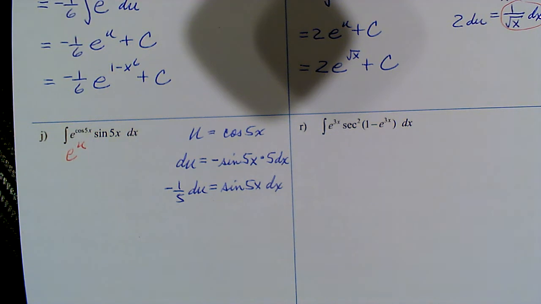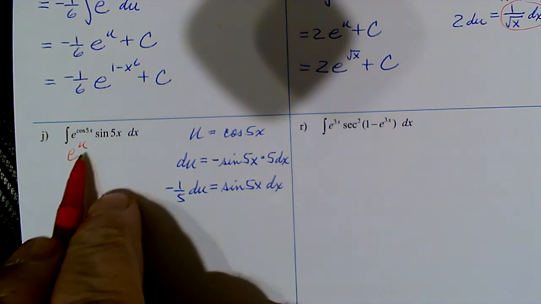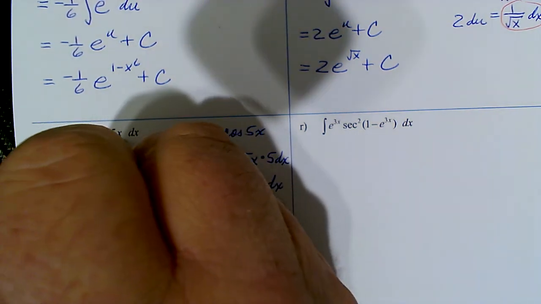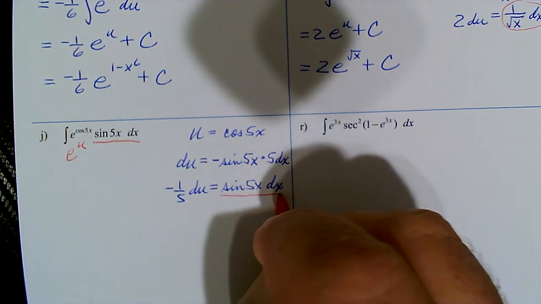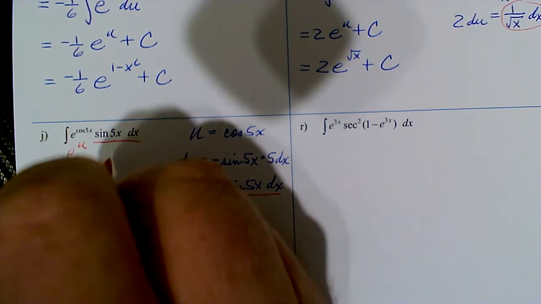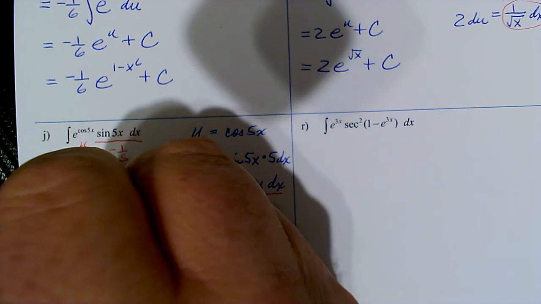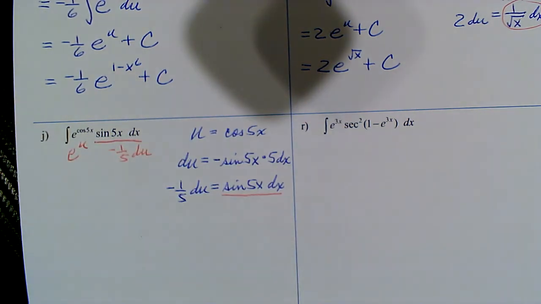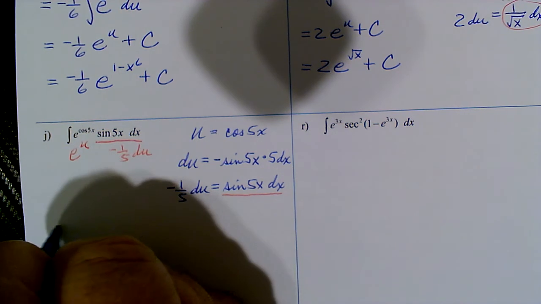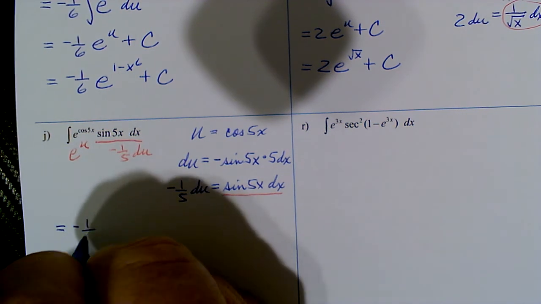Now, when we look back at the integral, we know we've already established e to the u. The leftover factors are sine of 5x dx, and we compare them to our du, and we see that they match, just modified by the negative 1/5. And so we've accounted for all the factors of the integrand. We're ready to make the change of variables.